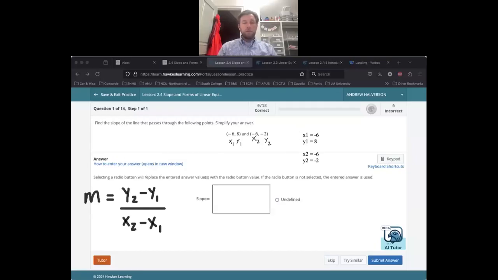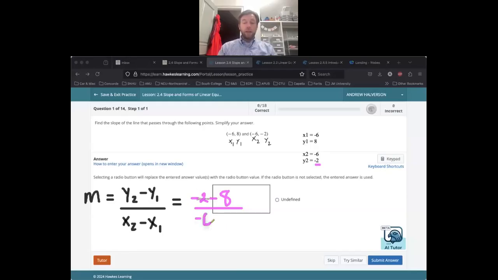So the top is the difference of the y values, y2 minus y1. So y2 is -2 minus y1 of 8. So -2 minus 8. The denominator is the difference of x2 and x1.